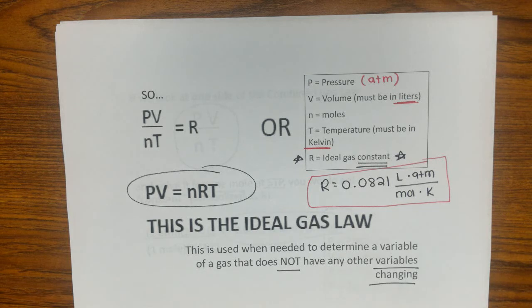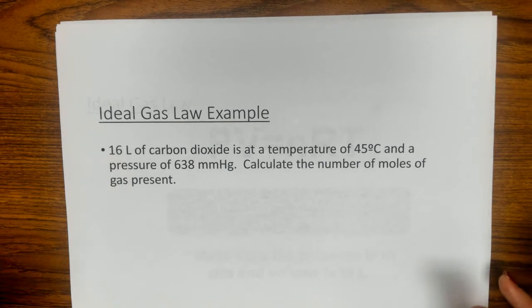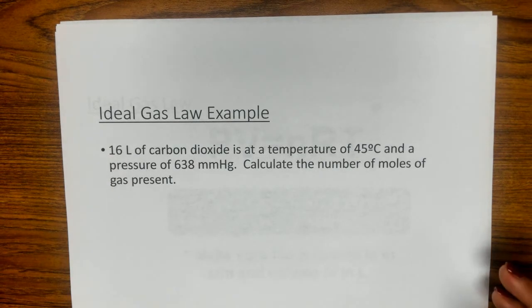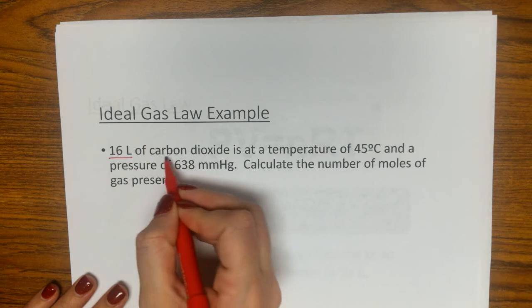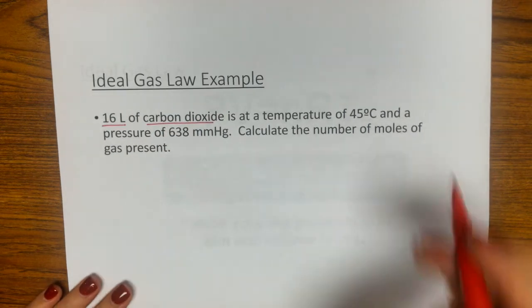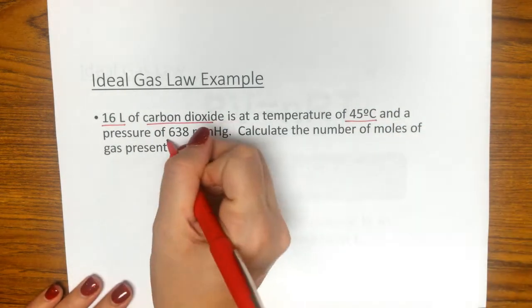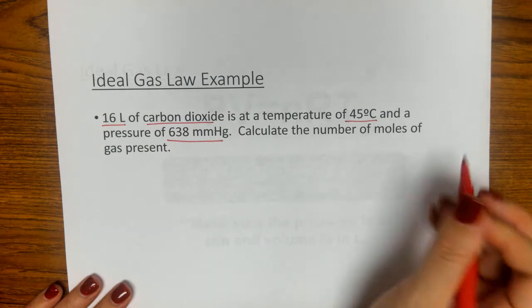We're going to do a few problems with the ideal gas law and calculations. And you'll see as we list our variables how you'll be able to tell, okay, this is not a combined gas law problem. The first example: 16 liters of carbon dioxide are at a temperature of 45 degrees Celsius and a pressure of 638 mmHg.